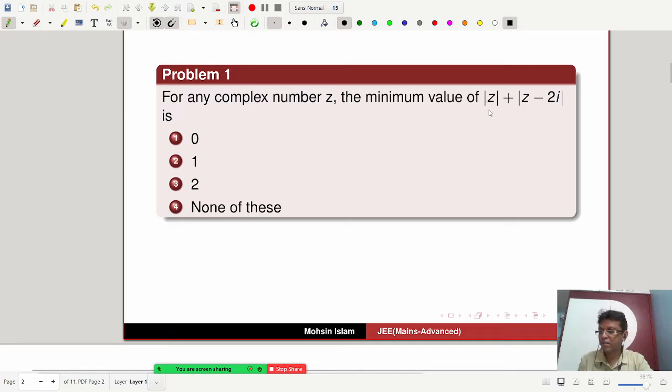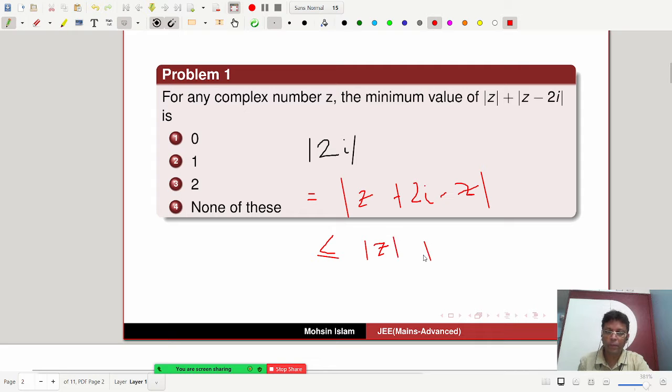Now we can write modulus of 2i equal to modulus of z plus 2i minus z. So I'm writing 2i as z plus 2i minus z. The z and minus z cancel out, and using the inequality for complex numbers, we can write modulus of z plus modulus of 2i minus z.